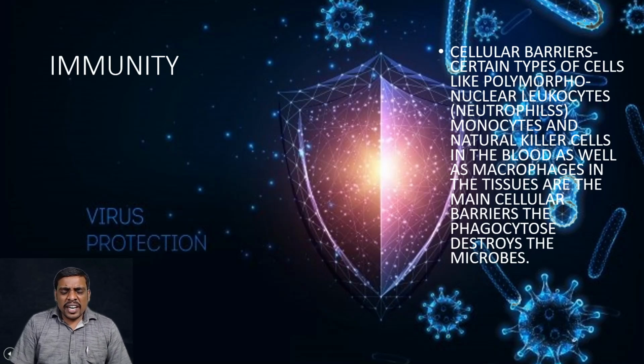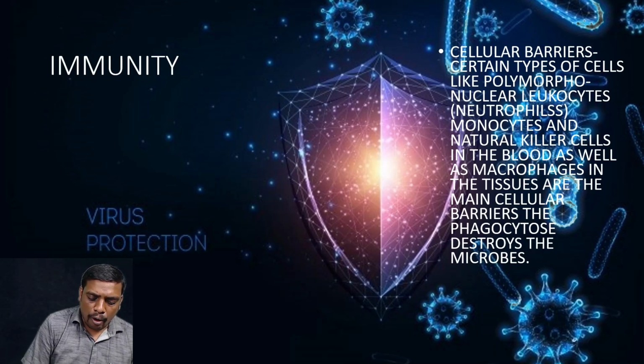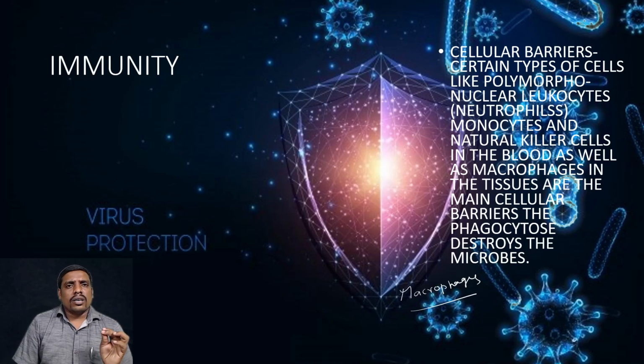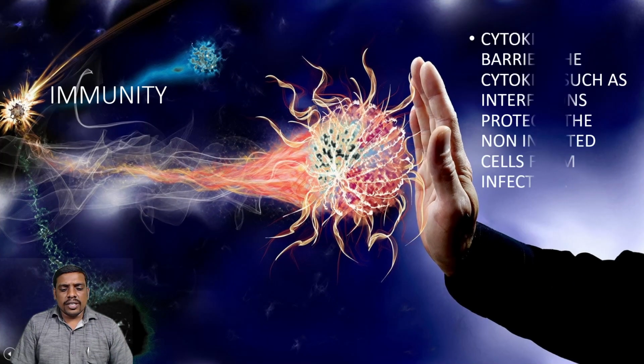Now, natural killer cells, that is NK cells, are also present in the blood, and macrophages in the tissues. Very important point from the examination point of view. The macrophages are also present in the tissues, acting as a cellular barrier, a line of defense.